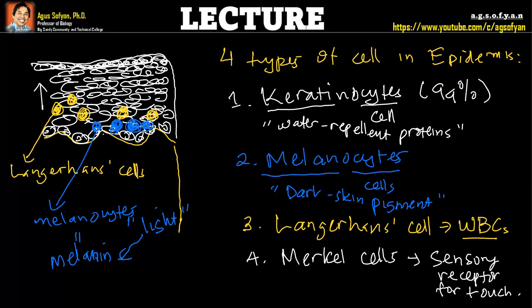Mostly Merkel cells will be located close to the stratum basale. Then I use another yellow color for this. Okay, so this is the Merkel cell, and it will be associated with the sensory system, which is the touch sensory receptor.